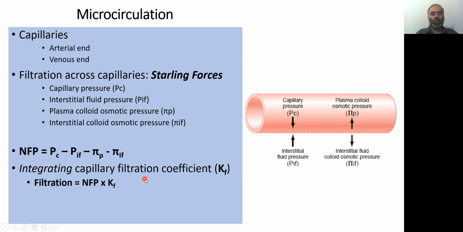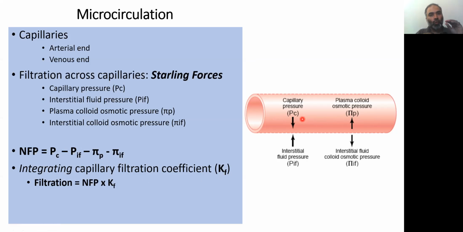And when you put in Kf, why have we put in Kf? This is the filtration quotient, because, well, this is not the case in the entire body, is it? It's not just one capillary. There are several capillaries, and all capillary beds are not open all the time. Not all capillaries participate in circulation all the time.